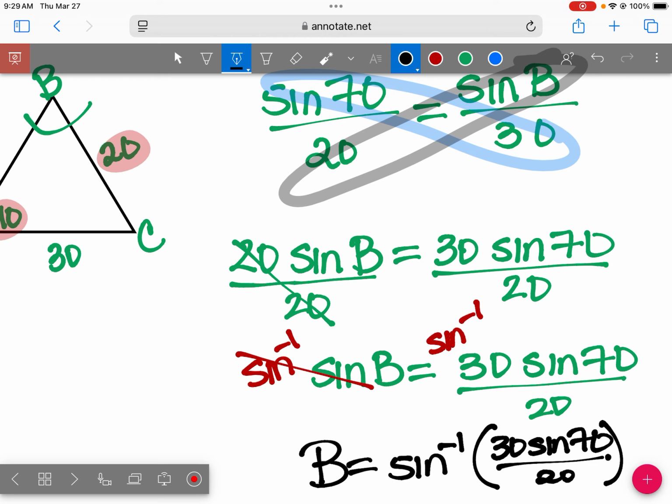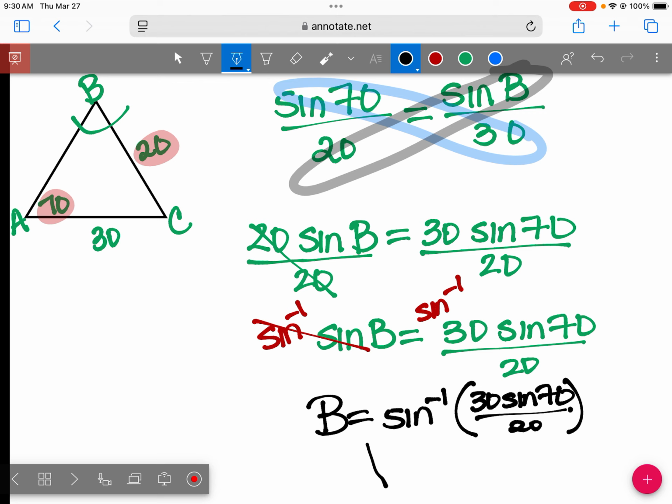So take a moment and type that in your calculator. And we get a domain error. And remember, we said if there is an error, what that means is there is no triangle.